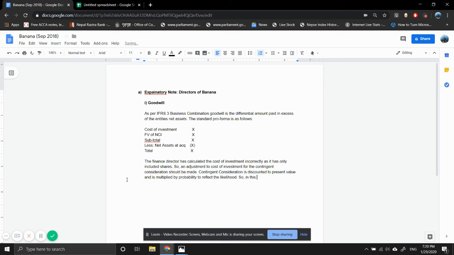So in this case, $4 million, $16 million into 25%, right? 25%. Discounted cash flow should also be included in cost of investment.